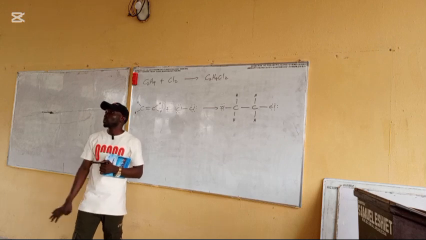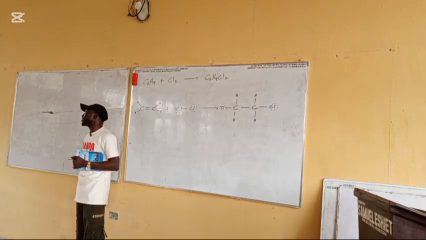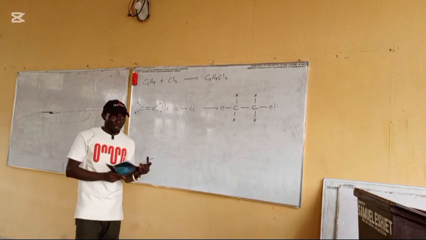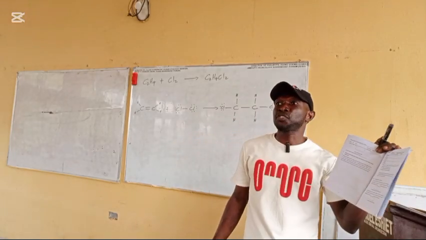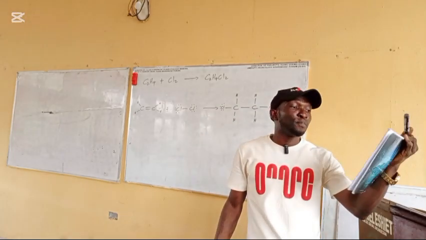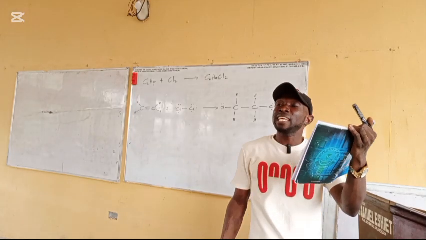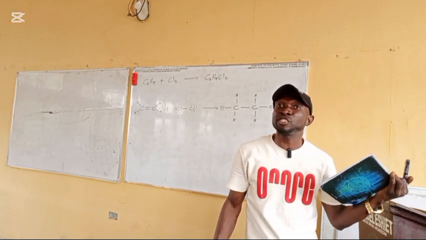Can we move on to the next one now? The next ones are very easy. It will take us only 3 minutes to finish. Yes, you're correct. Let's continue. Number 2 says predicting empirical formula. The empirical formula for the hydride of sulfur is H2S.